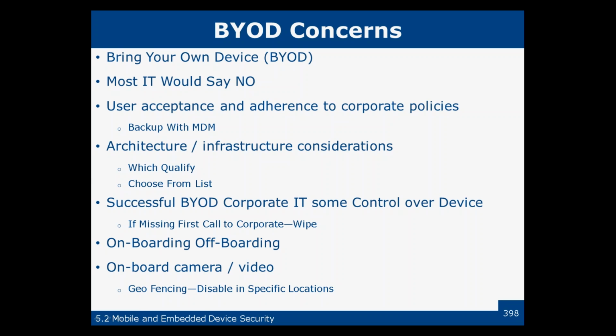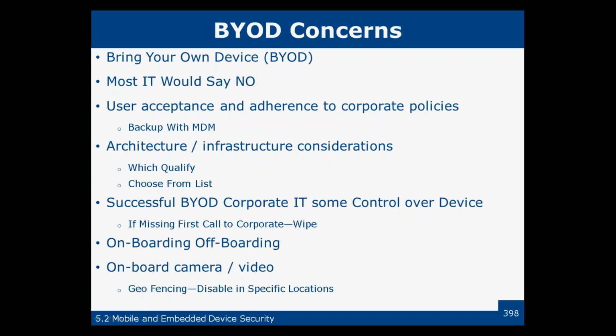If they are privately owned, they have to agree to let you do those things. And one of the things that we're going to want to do is if it's lost or stolen or those sorts of things, we want the first call to be to corporate so that it can be wiped instead of to the phone company to find out what you can do with them.